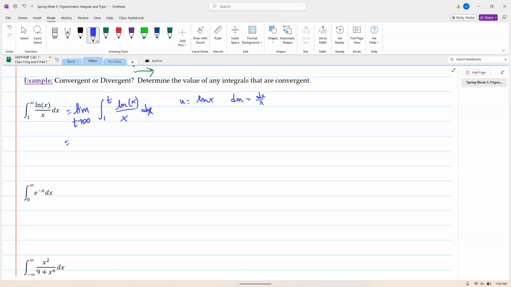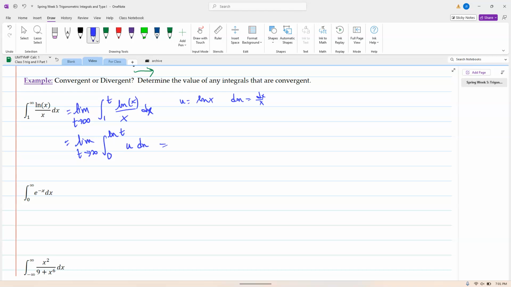And so then you would get the limit as something goes to infinity. I am going to still call it t, and then the integral, ln of 1 would be 0, and then I just get ln of t for the upper bound, and then change this to u du.